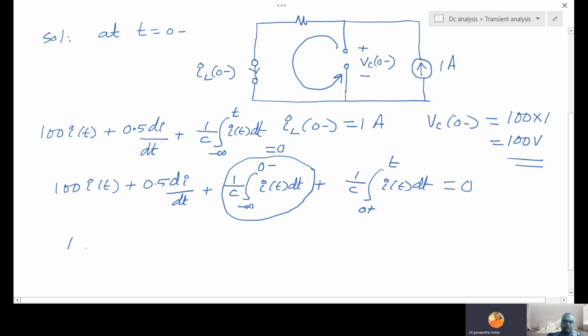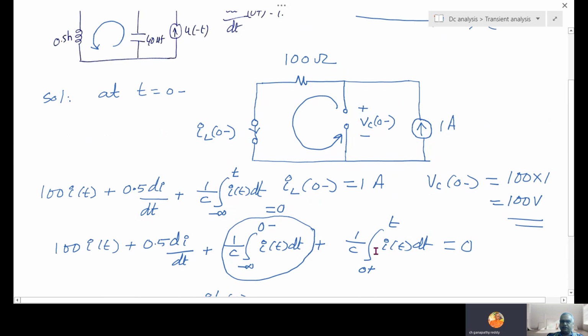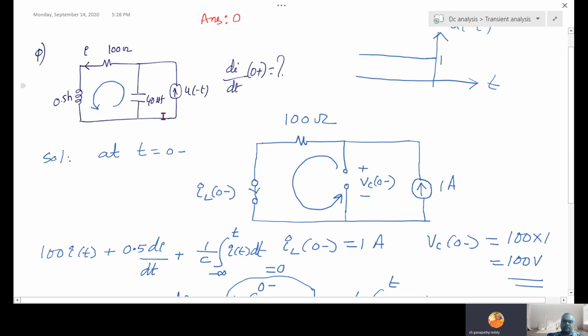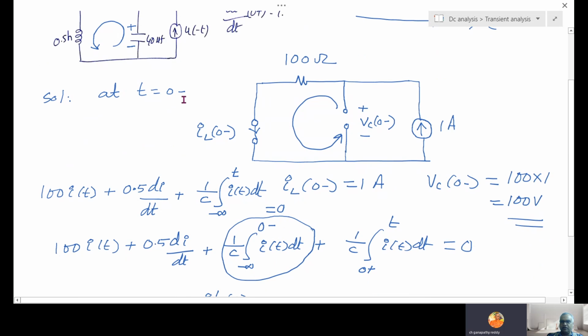Therefore, 100 I of t plus 0.5 I prime t. This is 100, but this 100, how do you take it? This capacitor is already charged with what polarity? This side positive, this side negative. When I am writing the mesh equation, we are going from minus to plus, na? Minus to plus.